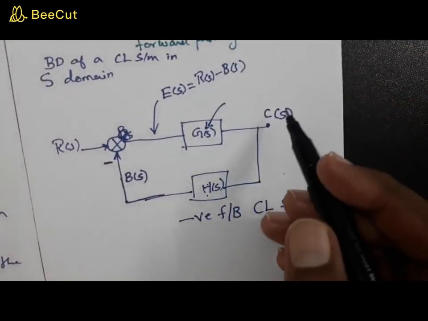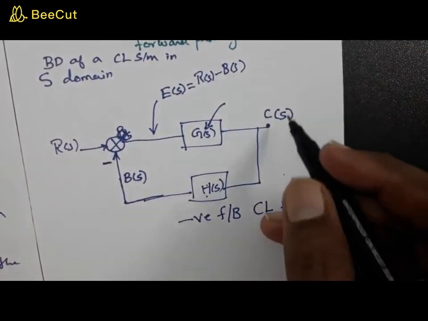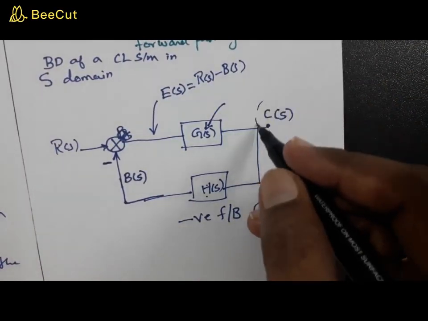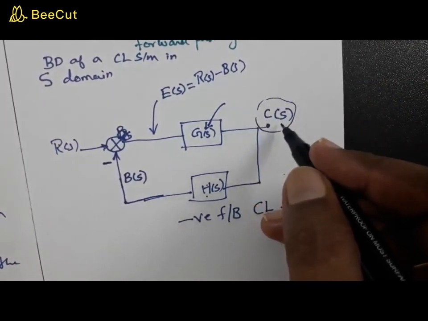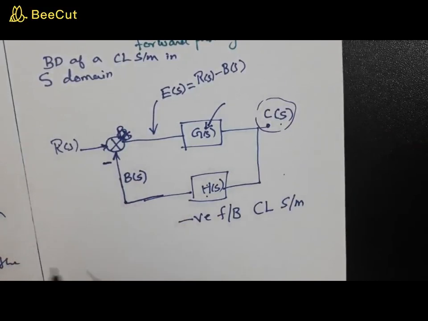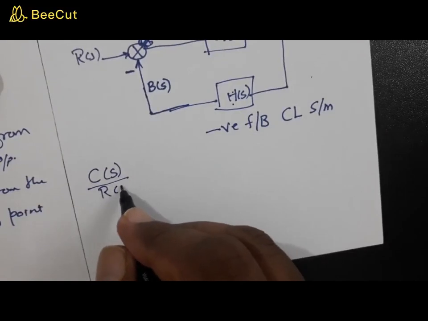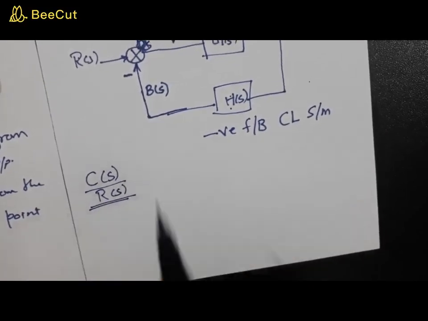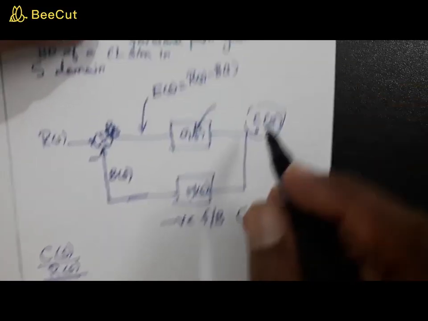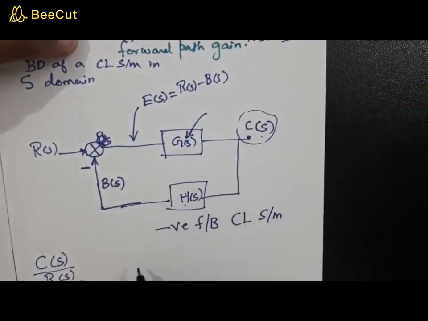Now what is the basic definition of the transfer function? The transfer function is the Laplace transform of the output to the Laplace transform of the input. That is, you have to find the ratio C of s to R of s. To find this, we'll start writing equations from C of s. What is C of s from the block diagram?